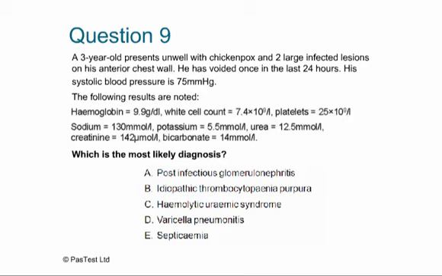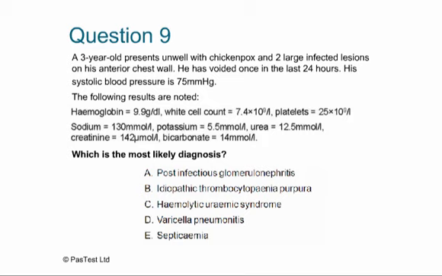Hemoglobin, 9.9 grams per decilitre. White cell count, 7.4 times 10 to the 9 per litre. Platelets, 25 times 10 to the 9 per litre. Sodium's 130 millimoles per litre, potassium 5.5 millimoles per litre, urea 12.5 millimoles per litre, and his creatinine 142 micromoles per litre.